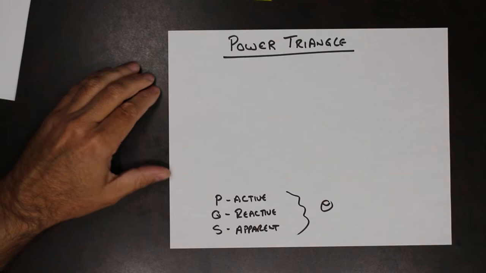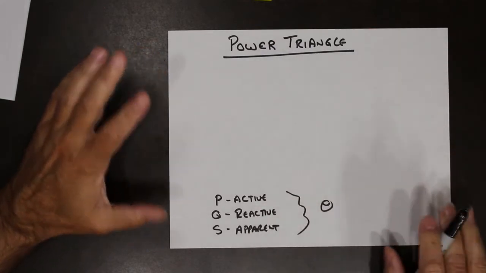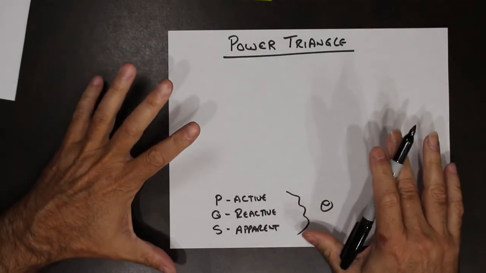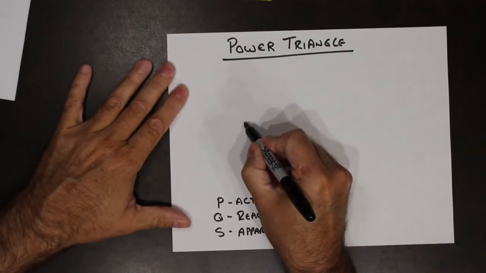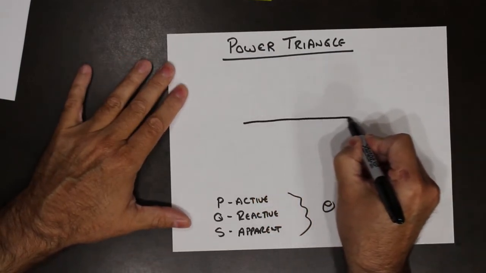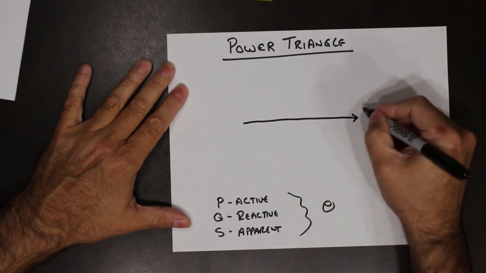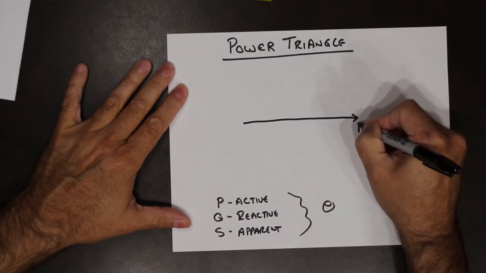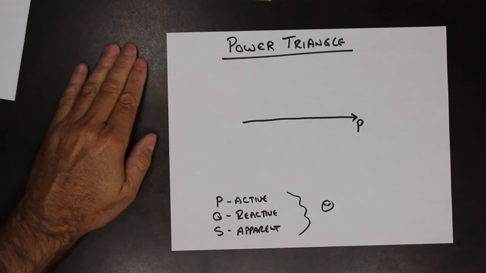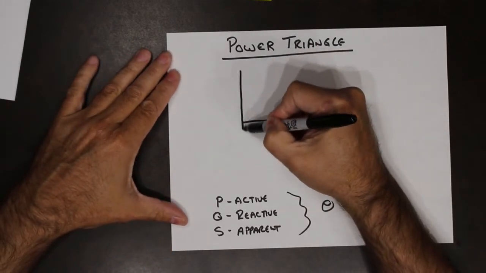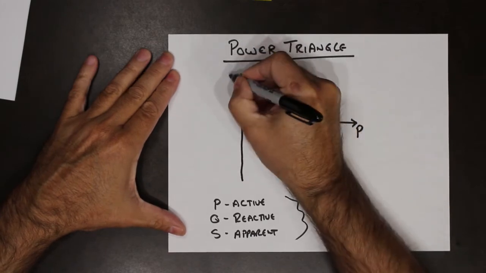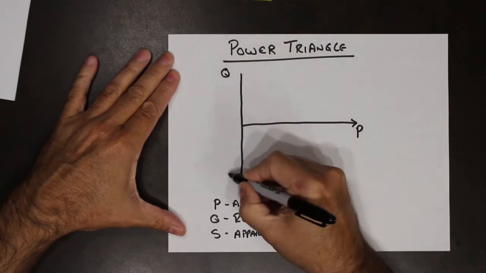So this is the way it works. Active power, because active power is real power, true power found in resistive loads, active power is on the x-axis. Reactive power is found on the y-axis.